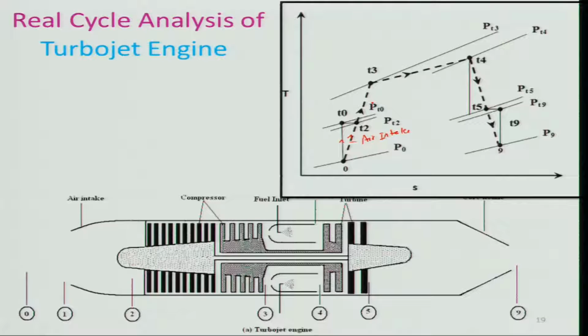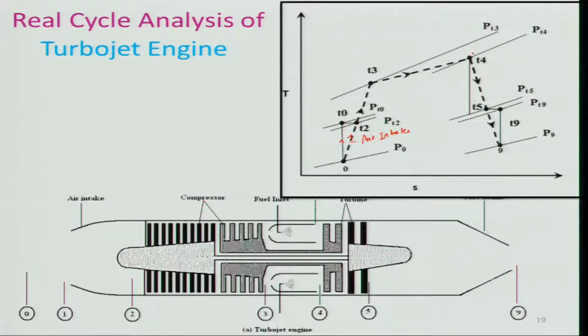So, station 2 to 3 is the compression, which I have shown here as the real process, that is the dashed line, and keep in mind that some process here I have not drawn, because if I had gone by this, it could have been higher than the P T 3. And this is the combustion chamber, where the process is taking place from pressure P T 3 to P T 4.